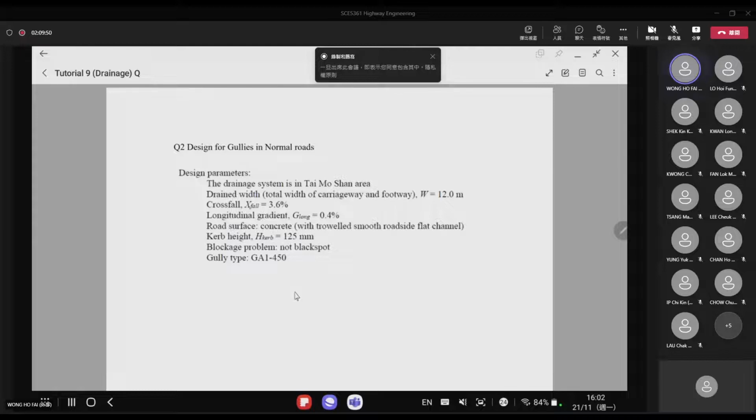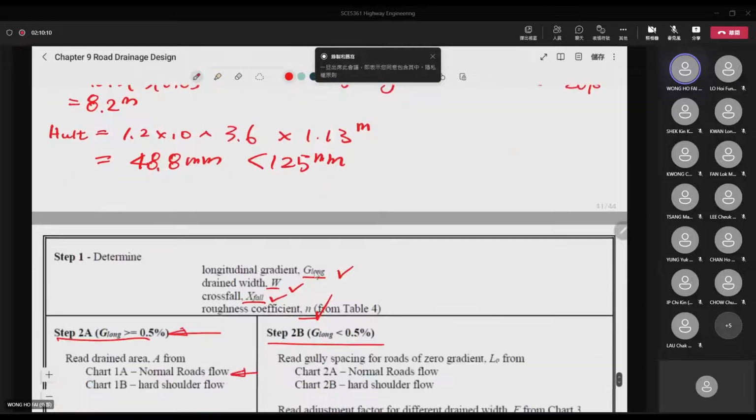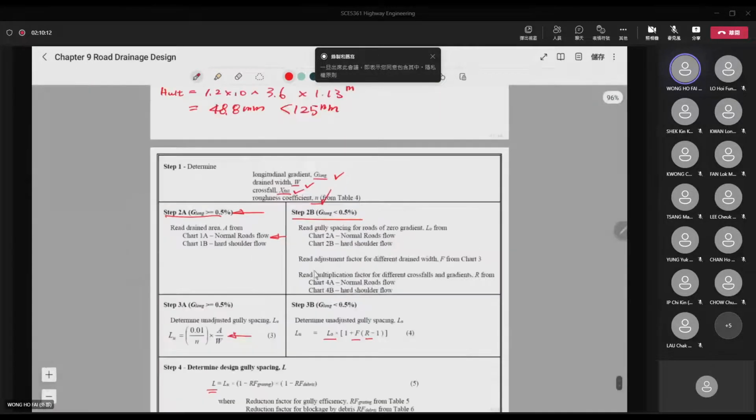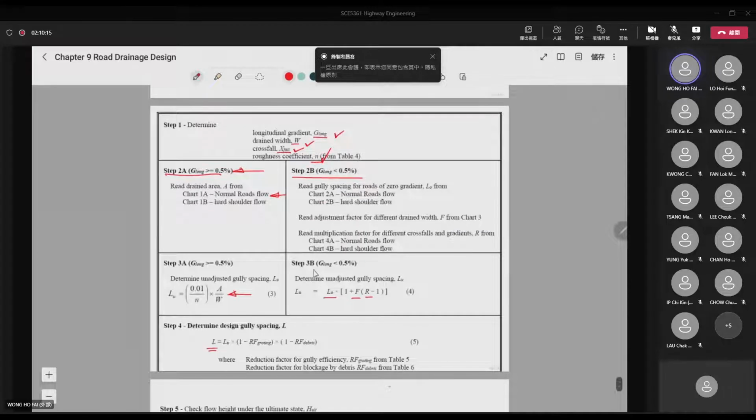Okay. So you can try it by yourself right now. 你自己試下。So you can follow the steps here. You have the longitudinal gradient, you have the generated wave, you have the cross-flow, and then you have the end.